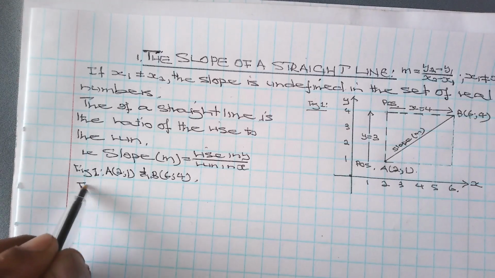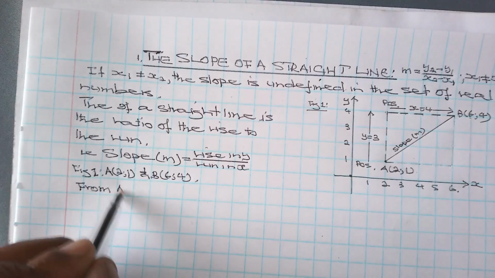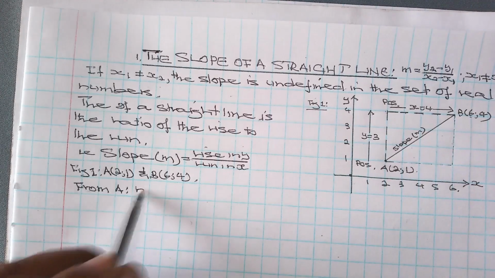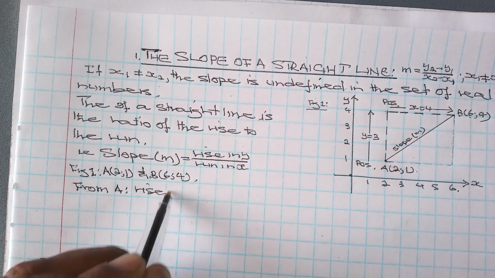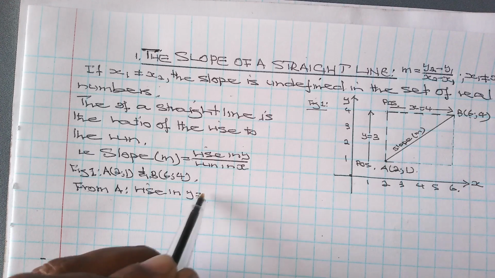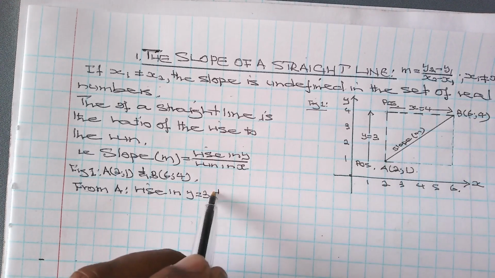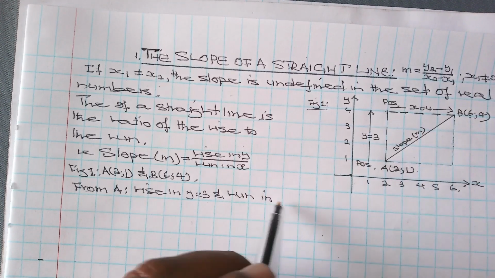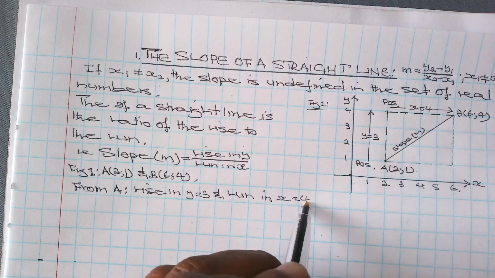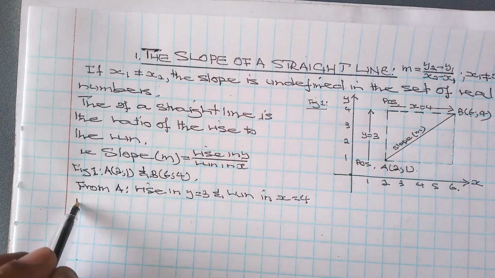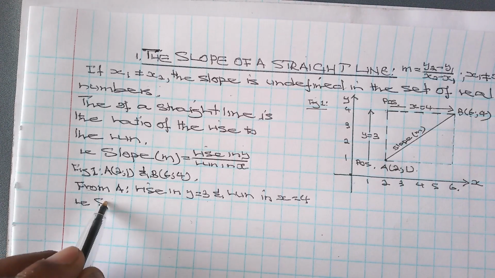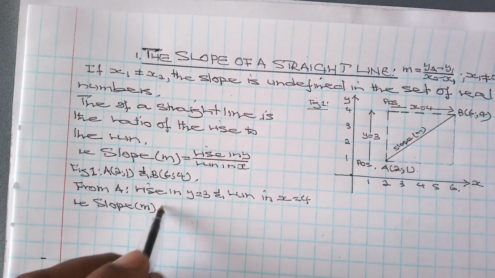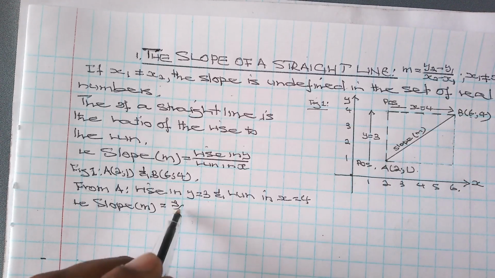From A, which is this point, rise in y is equal to 3, and run in x is equal to 4. That is, slope m is equal to 3 over 4.